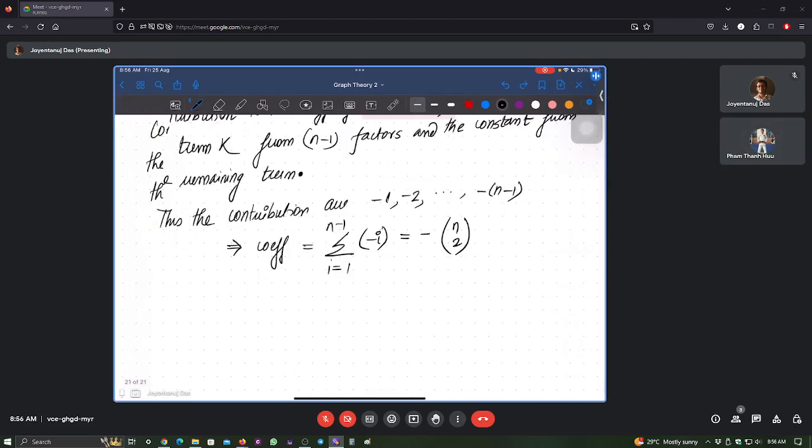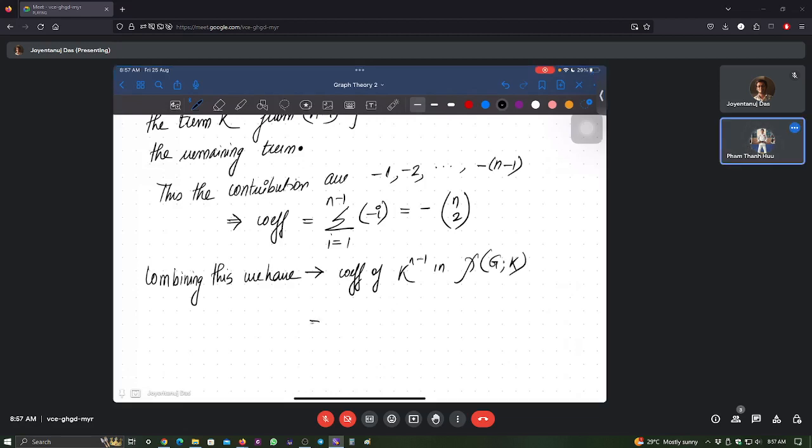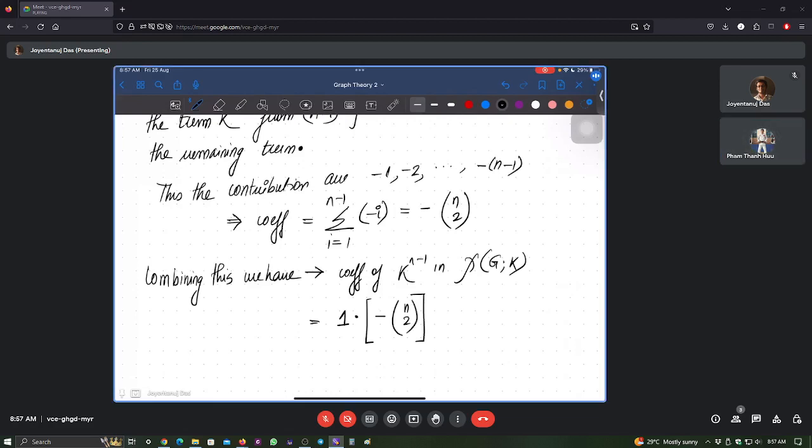So combining this, the coefficient of k power n minus 1 in the chromatic polynomial is 1 times minus n choose 2, which comes from k power n, plus n choose 2 minus the number of edges from the second term.